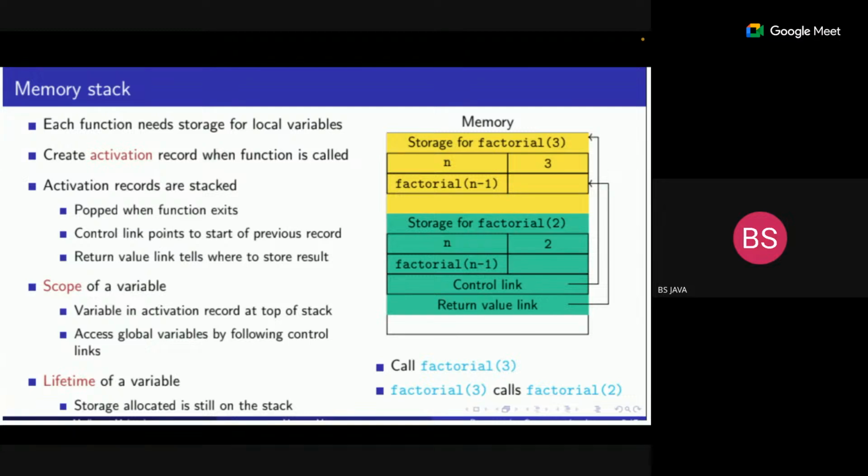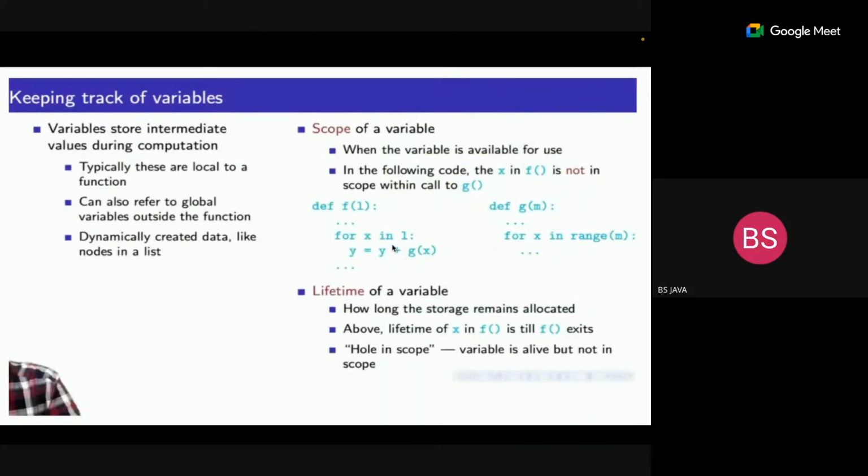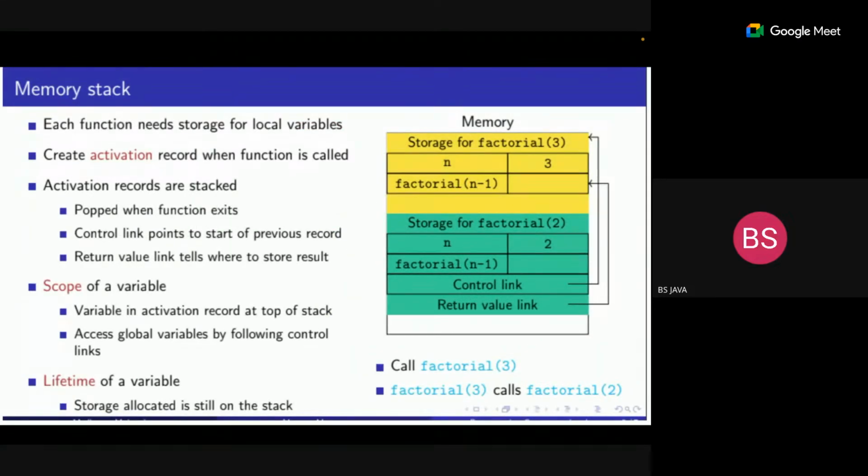So to deal with these things, we have x here, we have x here, and while we execute the program, how this is done in memory is discussed here under activation record. For each function call, an activation record is created and pushed into the stack memory.